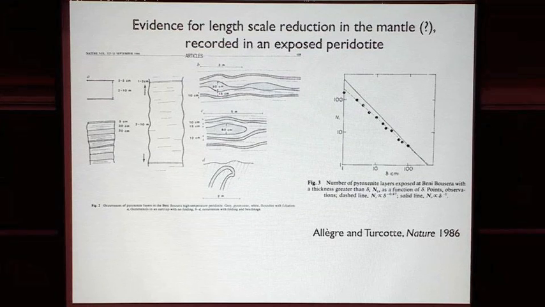To characterize the structure, they measure the thickness of these layers, and they count the number of layers with thickness smaller than some amount plotted on the horizontal axis. And you see a power law distribution. The scale is roughly like 1 over the size. And this is kind of what you expect for exponential stretching when you introduce stuff into the mantle. It stretches exponentially, so you're going to find more thin layers than thicker layers.